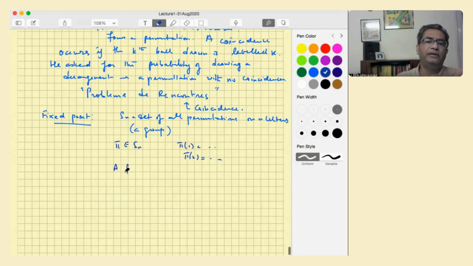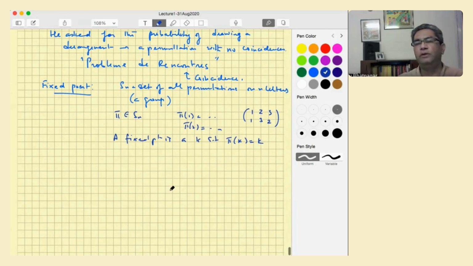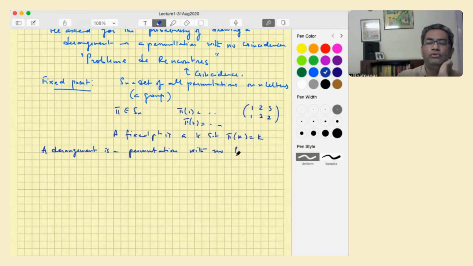And a fixed point is a k such that pi of k is equal to k. That's all. So if 1 goes to 1, this is a fixed point of this permutation. Okay, and a derangement is essentially a permutation with no fixed points.